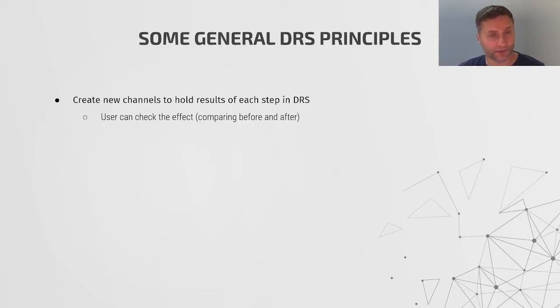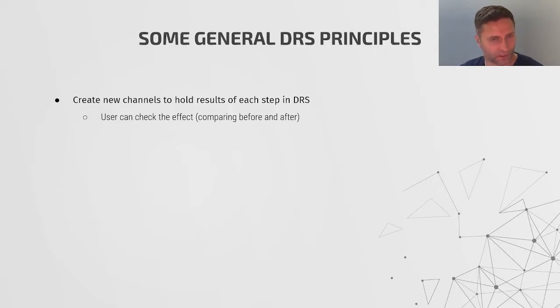In theory, this prevents iolite from becoming a black box, so that the user could go and check, for example, what effect the first baseline subtraction step had, because they could look at their raw data and they could look at the result of the baseline subtraction step, and they could see if something was going wrong.